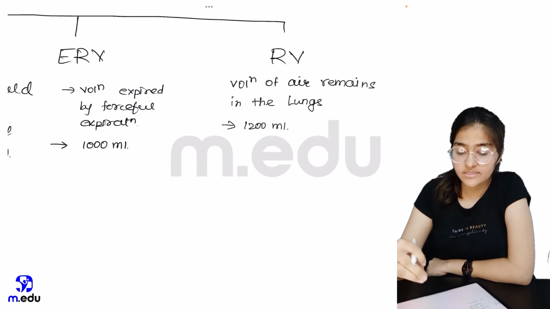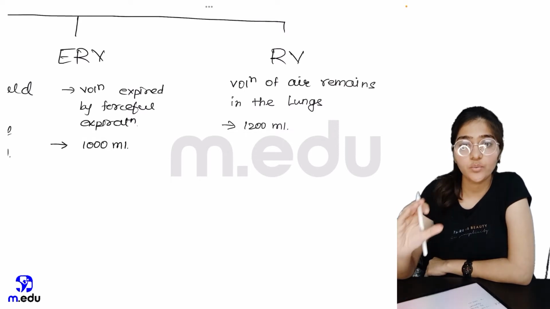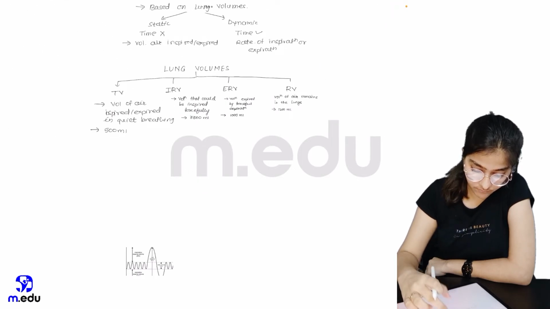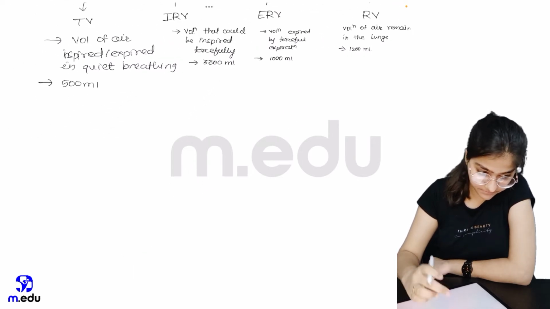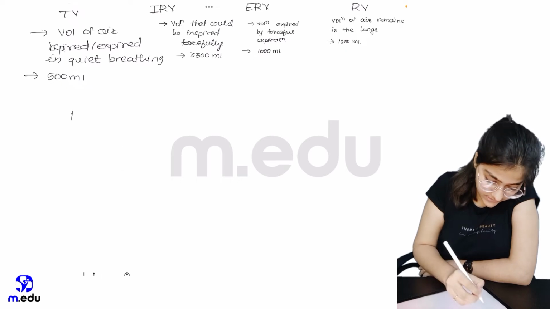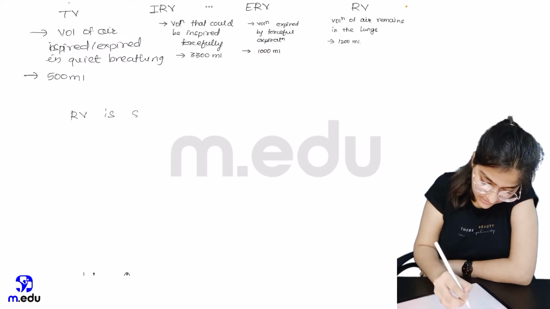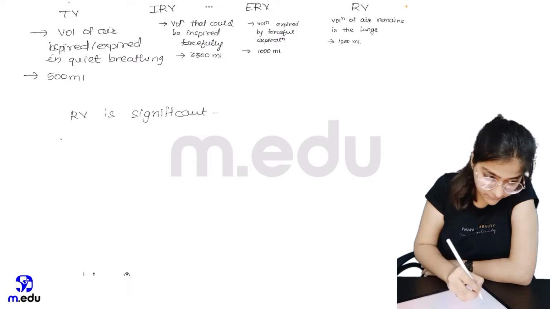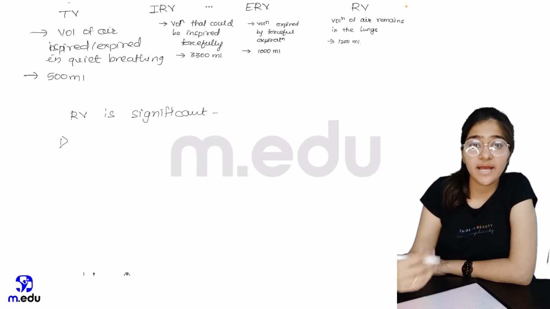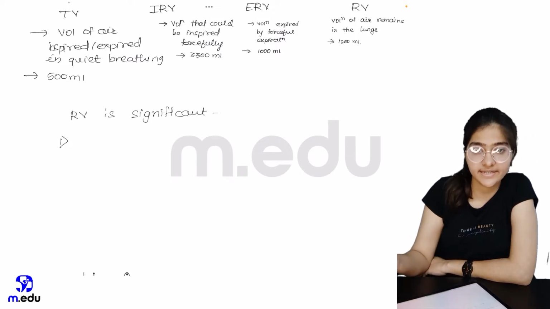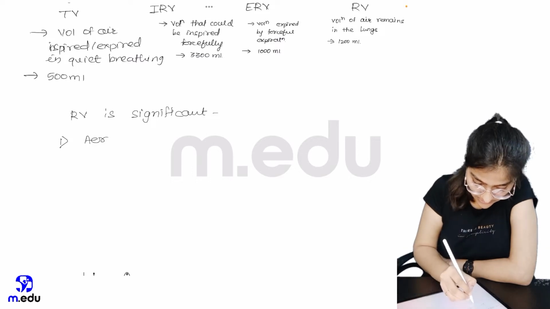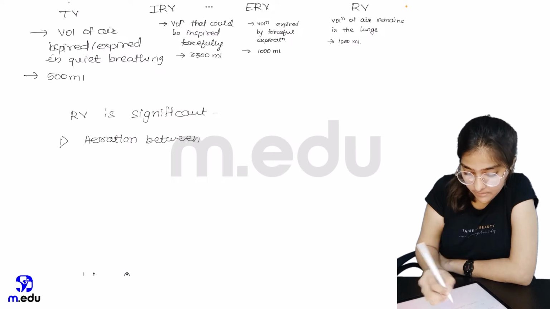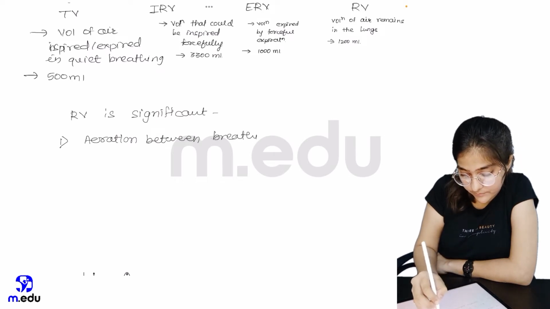Now, why is there the need of air being always present in the lungs? So the reasons of residual volume are significant. The first reason is it helps to aerate the blood between breathing and expiration.